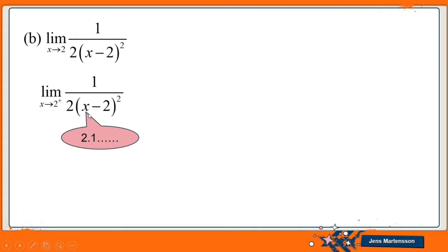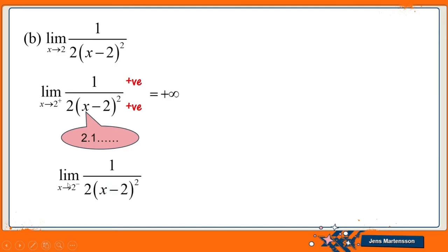We get 2.1 minus 2 is 0.1. 0.1 is positive. Positive squared, we get positive as an answer, and positive times 2 is positive. So the denominator is positive, and 1 is positive, so the answer is positive infinity.